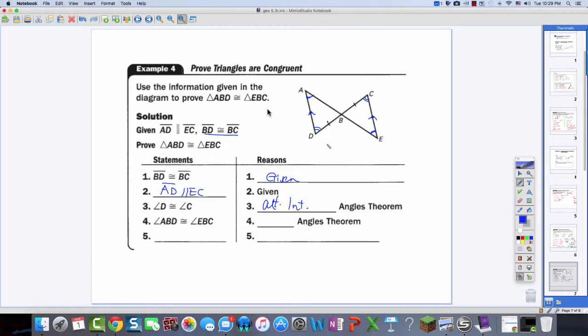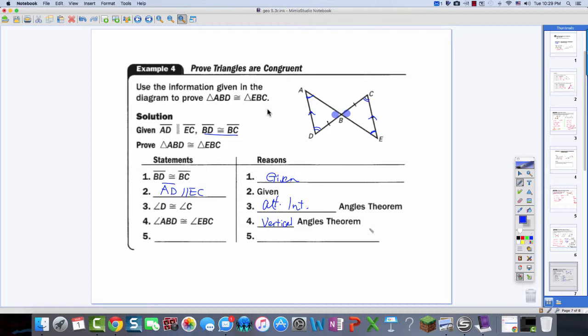And angle ADB is congruent to ABD, I'm sorry. So now they're using that these two are congruent because they are vertical angles. The vertical angle theorem states that vertical angles are congruent.